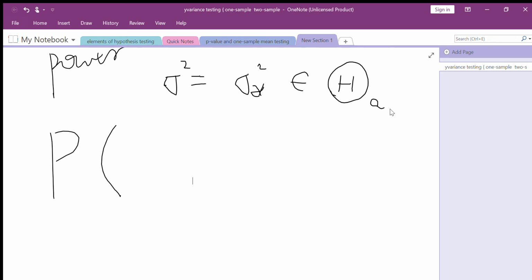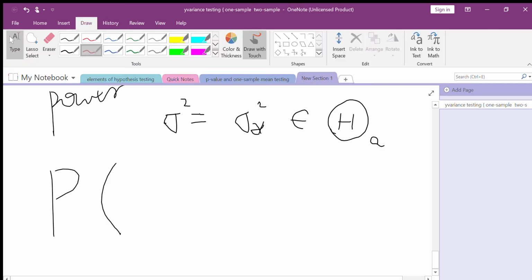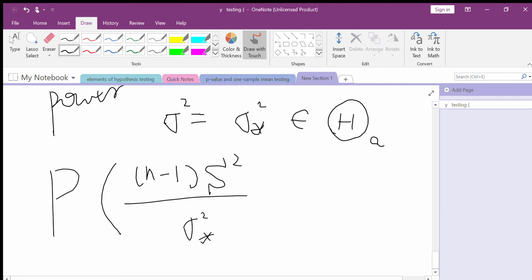Okay, let's go back to our power function. The power function should be the probability that (n minus 1) S squared divided by sigma 0 squared is greater than chi-square n minus 1 alpha quantile.